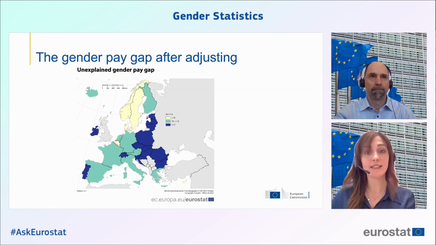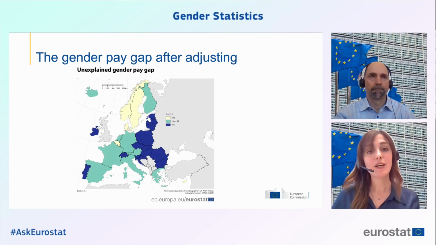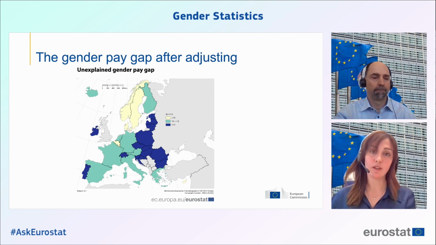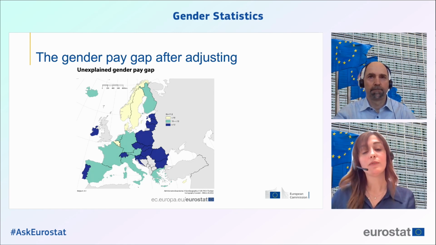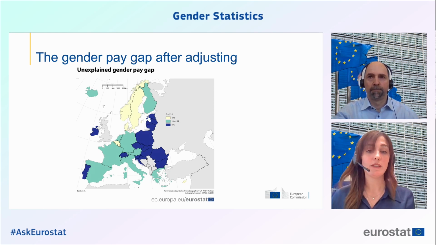And now, in this last slide, we can see that we have three different groups of countries according to the gender pay gap after adjusting for the different characteristics. On the first stream, we have the countries with the lowest gender pay gap after adjusting, which are the Nordic countries, Sweden, Norway, and Denmark, complemented with Belgium and Cyprus.